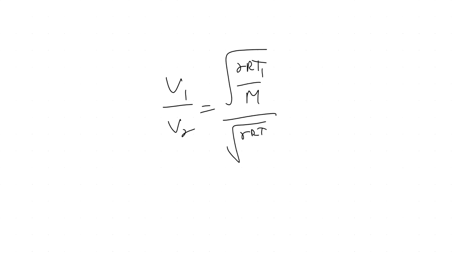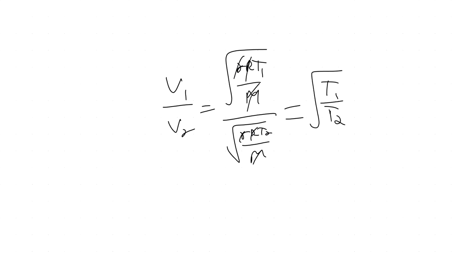Ready? So if you have V1 over V2, that's going to equal gamma R T1 over M divided by gamma R T2 over M. And notice how everything cancels but the T's because they're constant, right? Cancel, cancel, cancel.